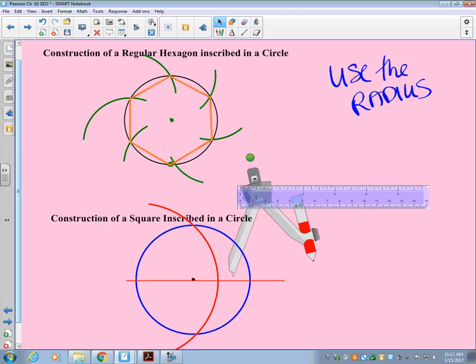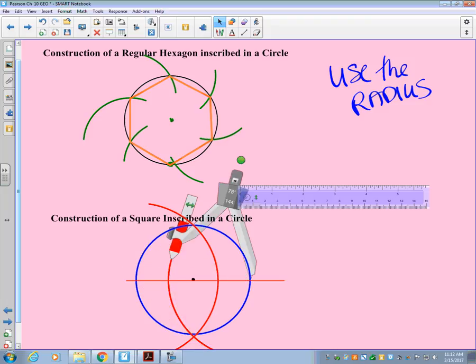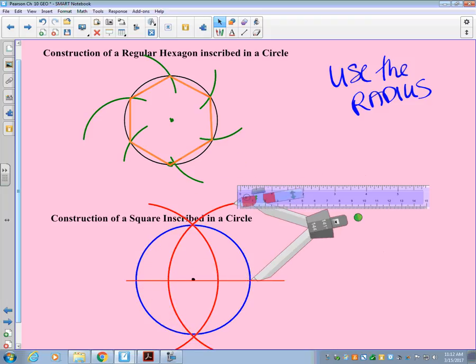Move it to the other side. Draw an arc above and below. We now have a perpendicular bisector.